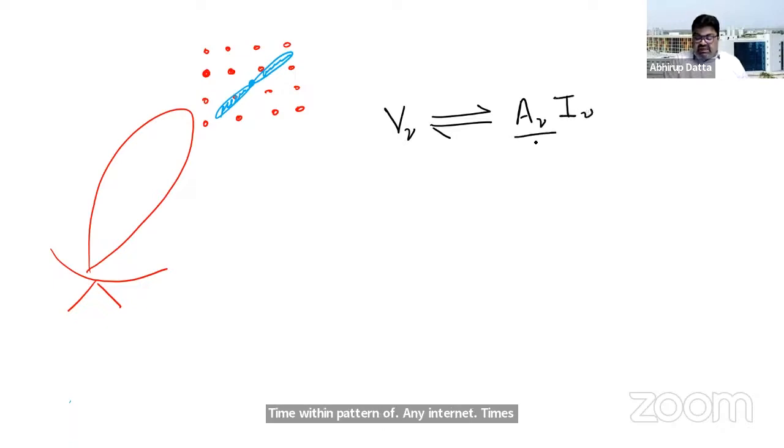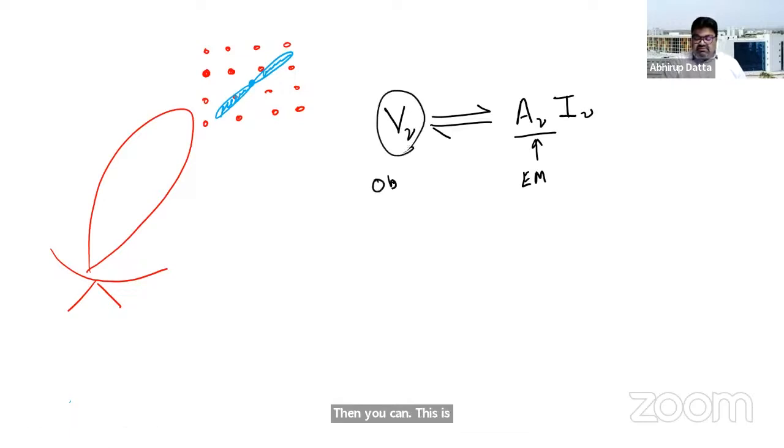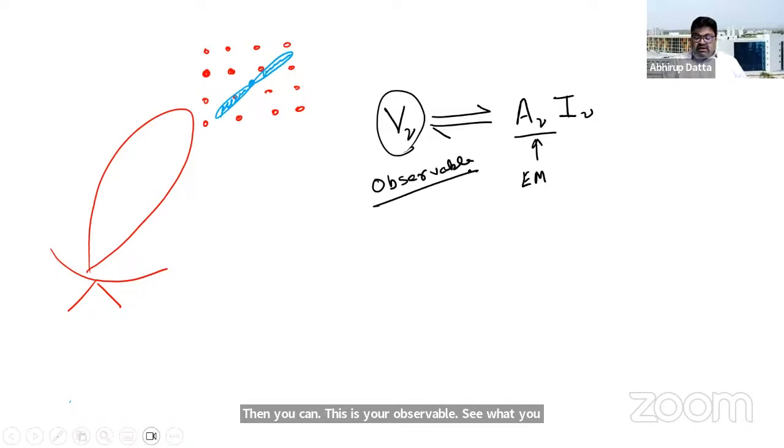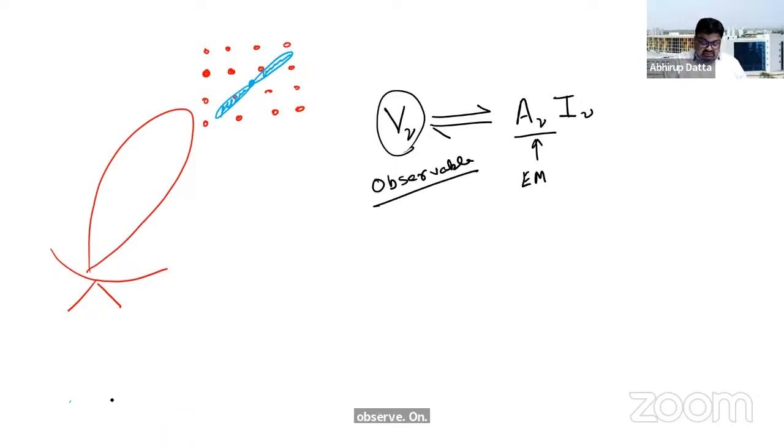So if you have a priori knowledge from electromagnetics about this function, then this is your observable, what you observe or measure.